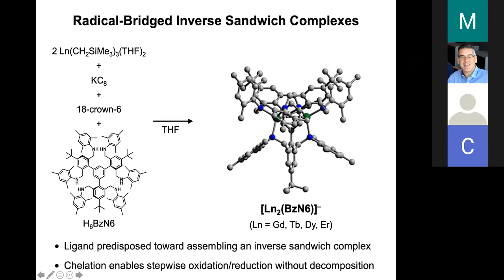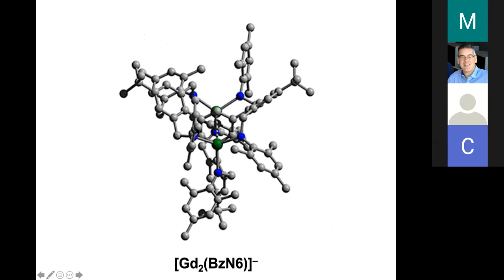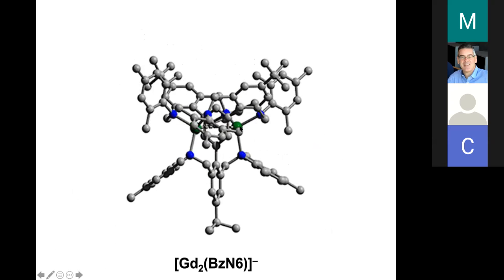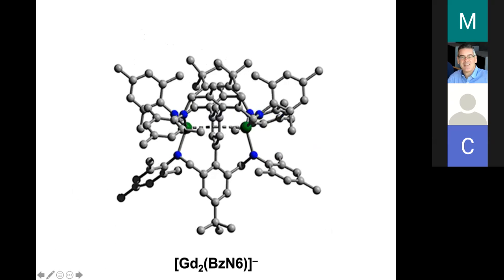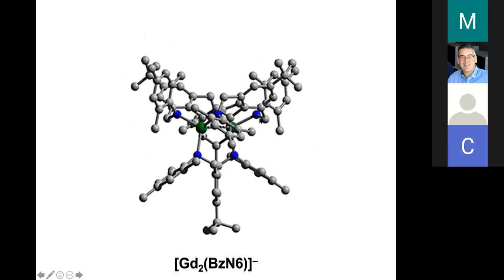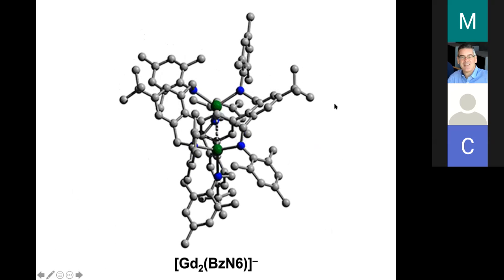And so here you can see, I think this is a better view, in the center there's a benzene ring, and the two green spheres are the gadolinium 3+ ions, and the nitrogen atoms are amido donor groups.